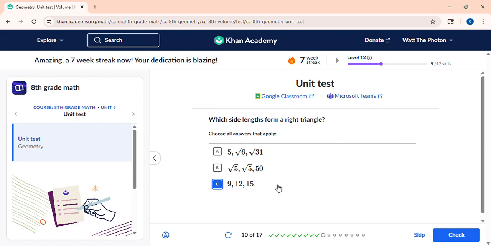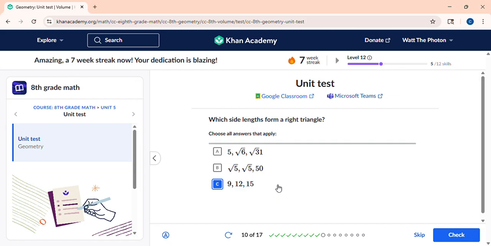So we have 9, 12, 15. We do the Pythagorean theorem, so we have 9 squared, so 81 plus 144 is equal to 225. Square root of 225 should be 15. So that makes sense.